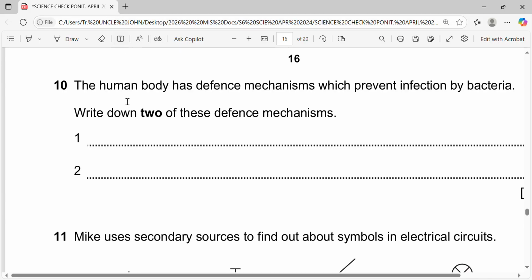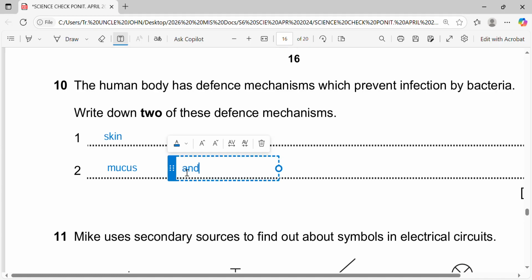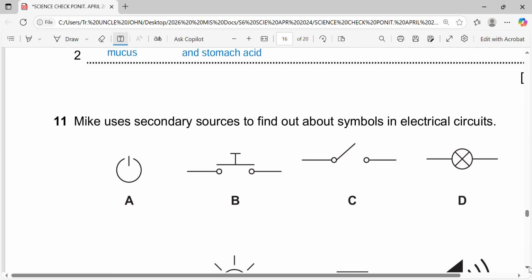We can say skin, mucus, there is even stomach acid. Stomach acid, if they need 3. We go to question 11.